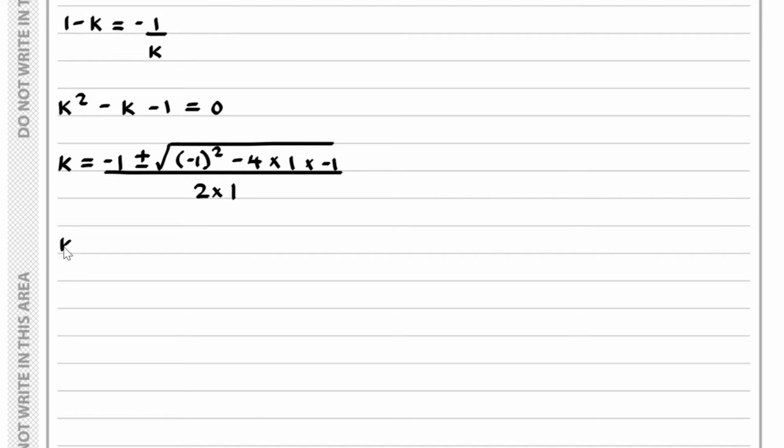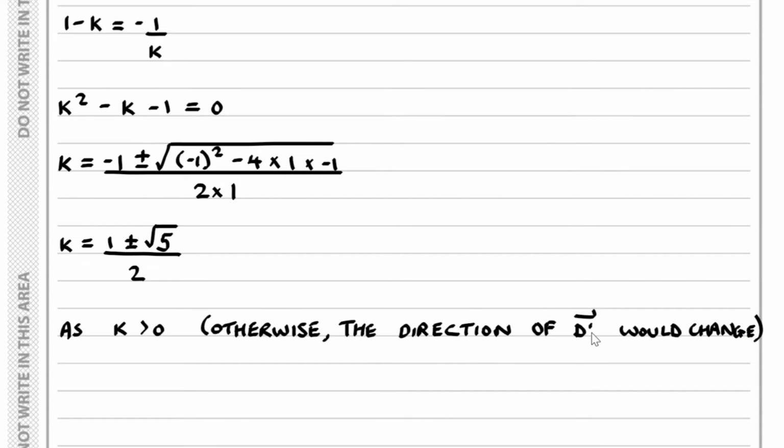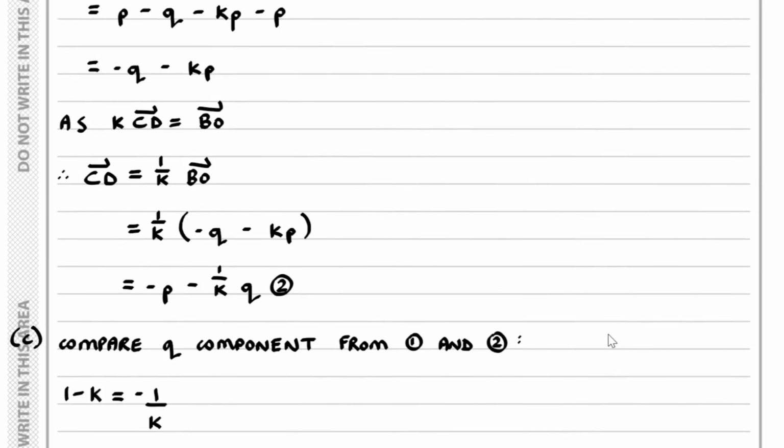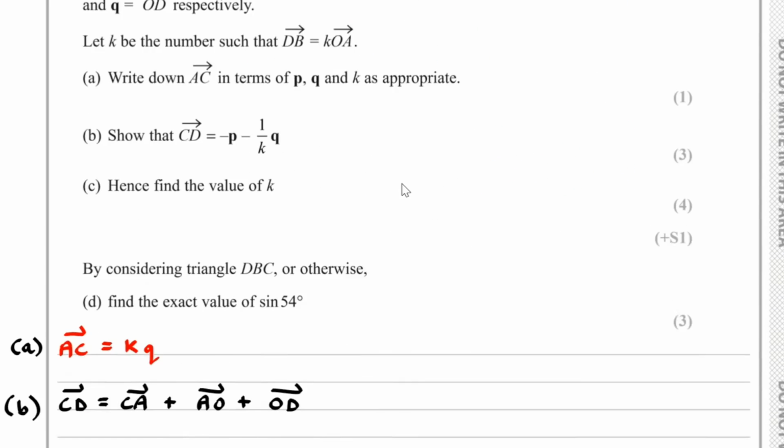So we have K equals 1 plus or minus the square root of 5, divided by 2, and because K must be greater than 0, and the reason for that is the direction of DB would change because of that, the arrow would go the other way in that case.